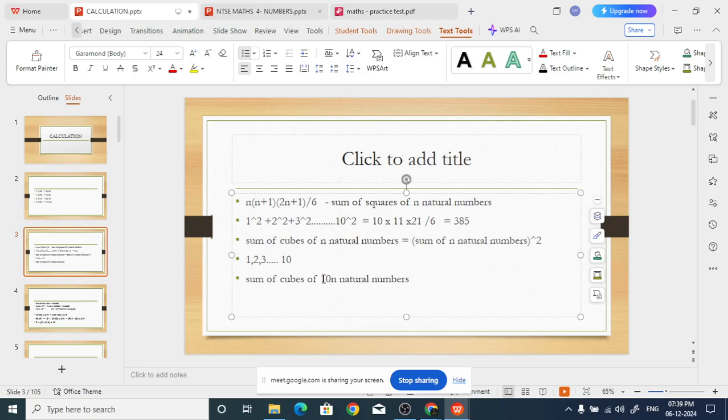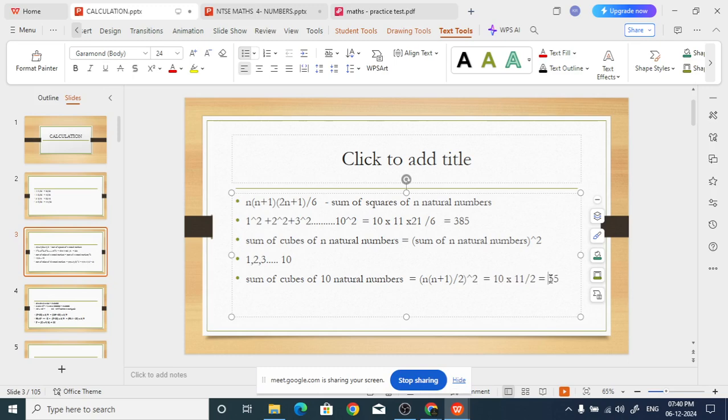First you find the sum of the n natural numbers. What is the formula? n into n plus 1 divided by 2. That is 10 into 11 divided by 2, which is equal to 55. Am I correct? So the square of this will be the sum of the cubes.